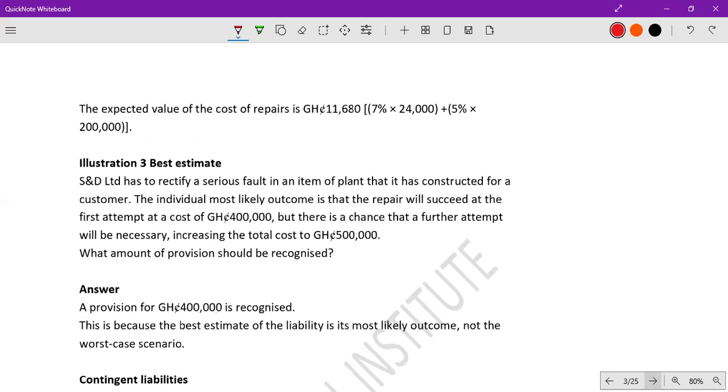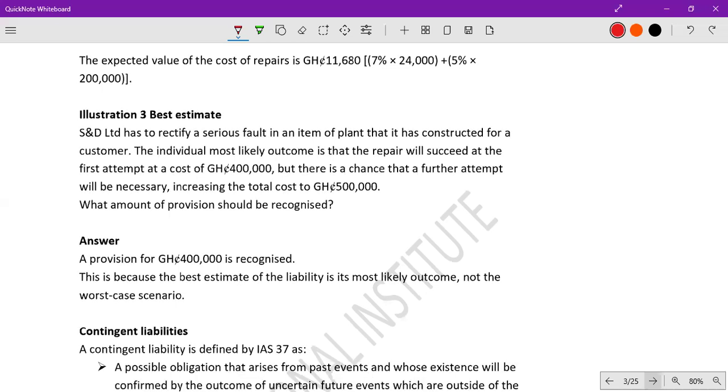Let's talk of best estimate. S&D has to rectify a serious fault in an item of plant that it has constructed for a customer. The individual most likely outcome is that the repair would succeed at the first attempt.